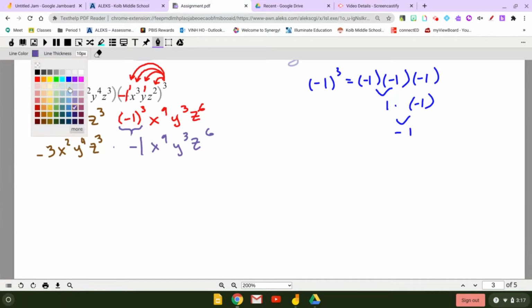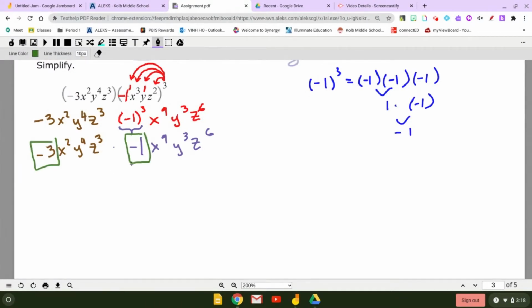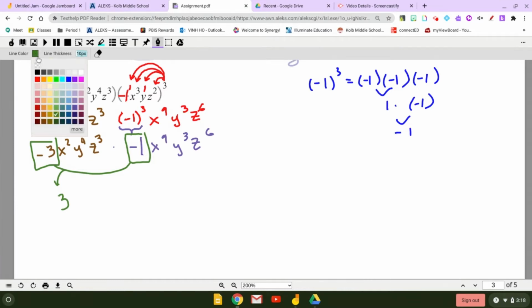So now we're going to work with the numbers. Negative 3 times negative 1 will give you positive 3. Negative times negative is positive. X squared times x to the 9th.